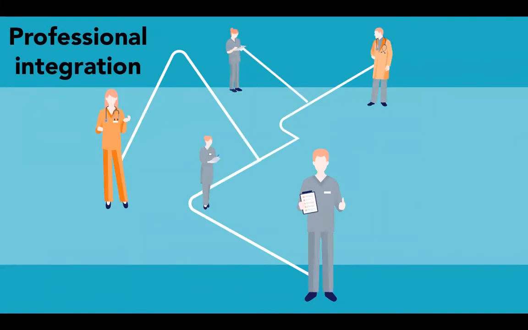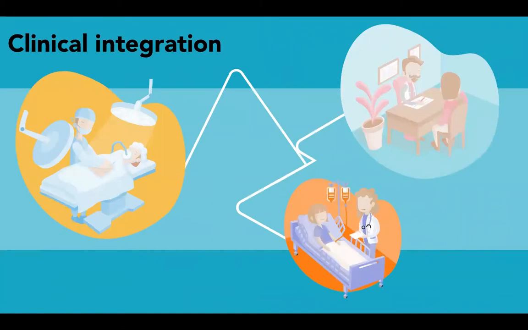Professional integration is where different services are integrated through strategic alliances of health and care professionals within and between institutions and organizations. Clinical integration is found where care is provided by professionals to patients in a coherent clinical process or set of processes within and across professions, such as when care is coordinated for individuals.